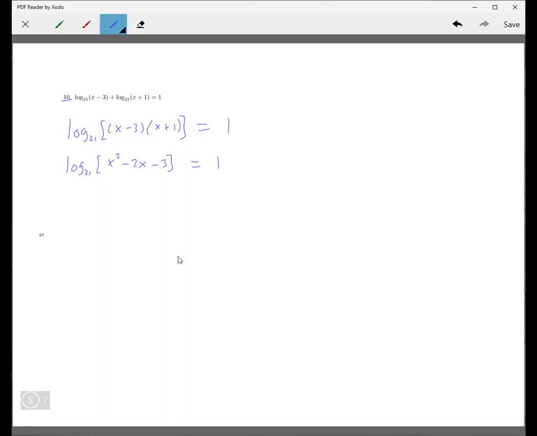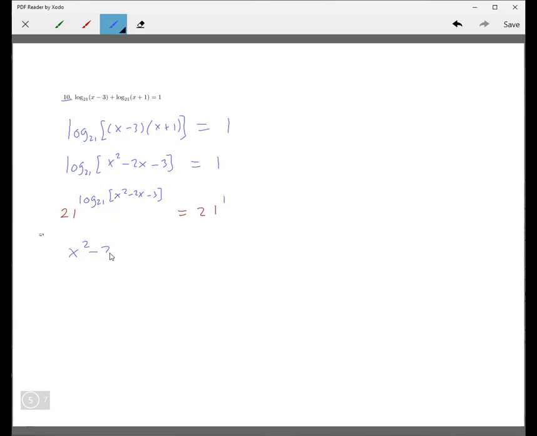Okay, so now what we're going to do is exponentiate. We'll start with 21 equals 21. We will take 21 and raise it to the left-hand side, and 21 raised to the right-hand side. All that goes away.